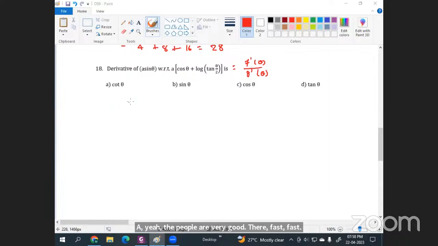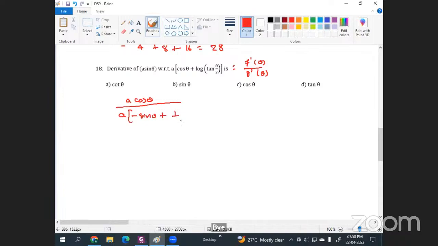For f dash of theta, A cos theta by A into minus sin theta, 1 by tan theta by 2 secant square theta by 2 into 1 by 2. A will get cancelled now. Cos theta minus sin theta.